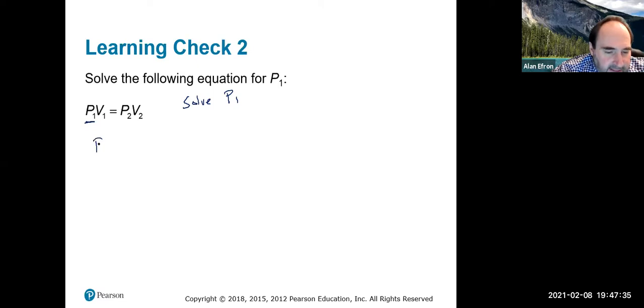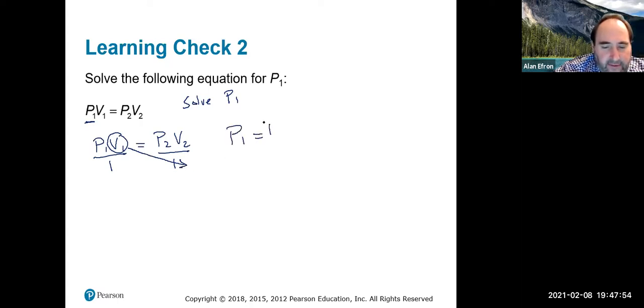This again is something you could think about like a fraction, even though there's nothing written there. It's basically over 1, which means when I go across the equal sign, it ends up in the opposite location. So when I do that, I end up with P1 is equal to P2 V2 divided by V1.